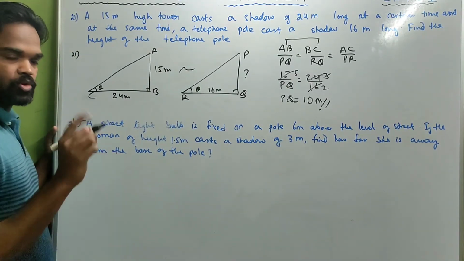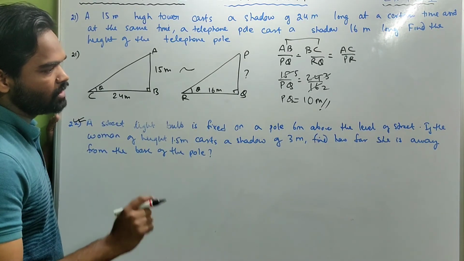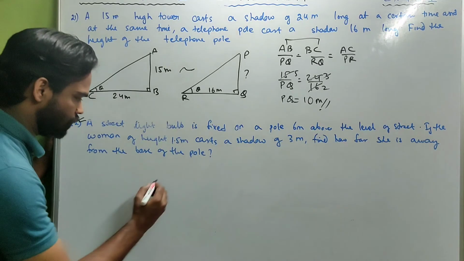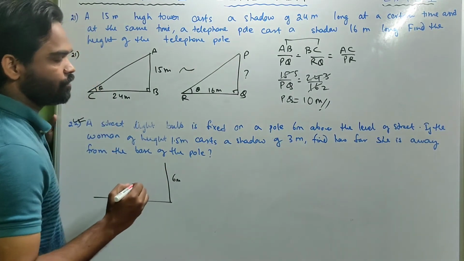Now look at the last sum. 22. A street light bulb is fixed on a pole 6 meter above the level ground.